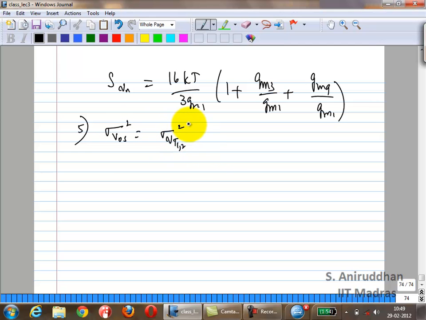So the offset of 1 and 2 appears directly, very similar to what we had before, except you have one more term.